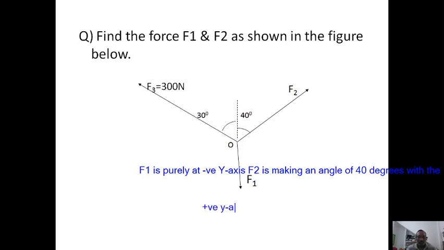This type of arrangement is given for easy calculation. From this scenario, you can get the angles between F1 and F2, F1 and F3, and F2 and F3. By seeing the figure, you can identify the angle between F2 and F3 is 30 plus 40, that is 70 degrees. Similarly, we have to identify the angles between the force vectors.